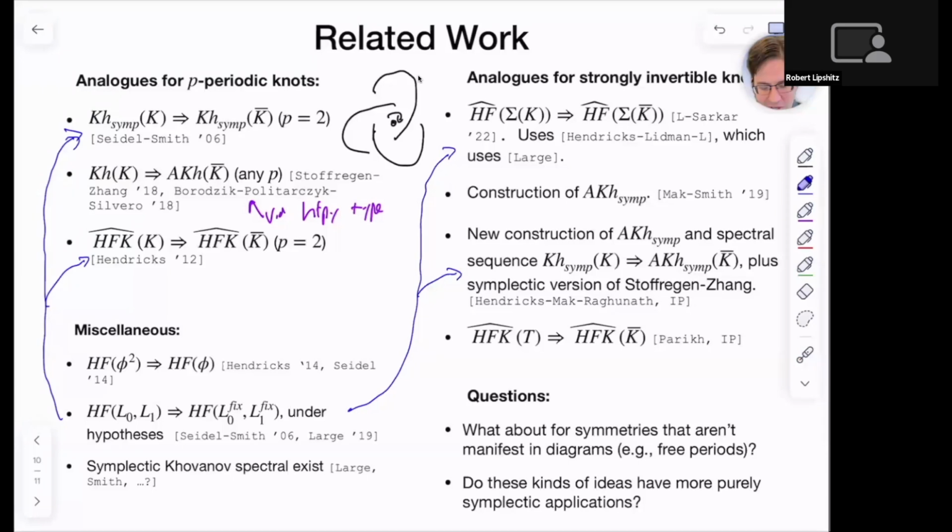Another thing you can do is study the knot Floer homology of the periodic knot. If only I had a strongly invertible knot. If only I had one sitting on the page. Okay, here's the strongly invertible knot.